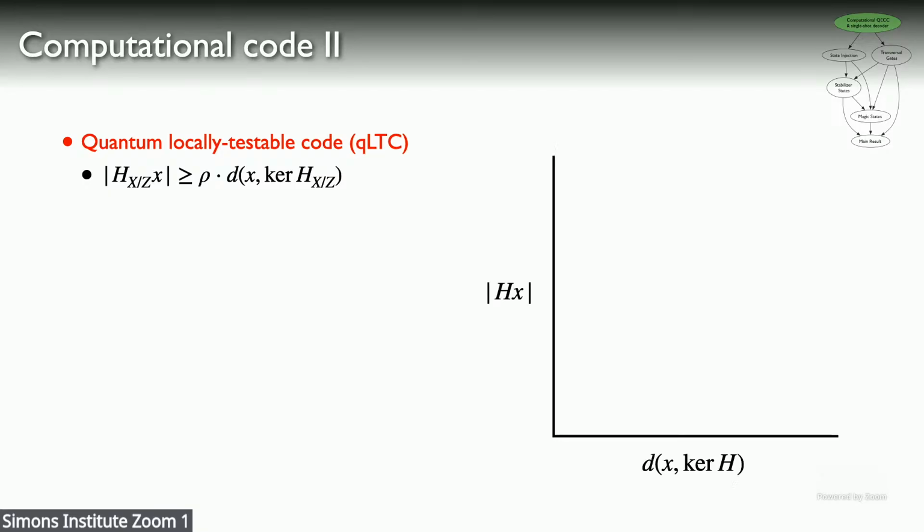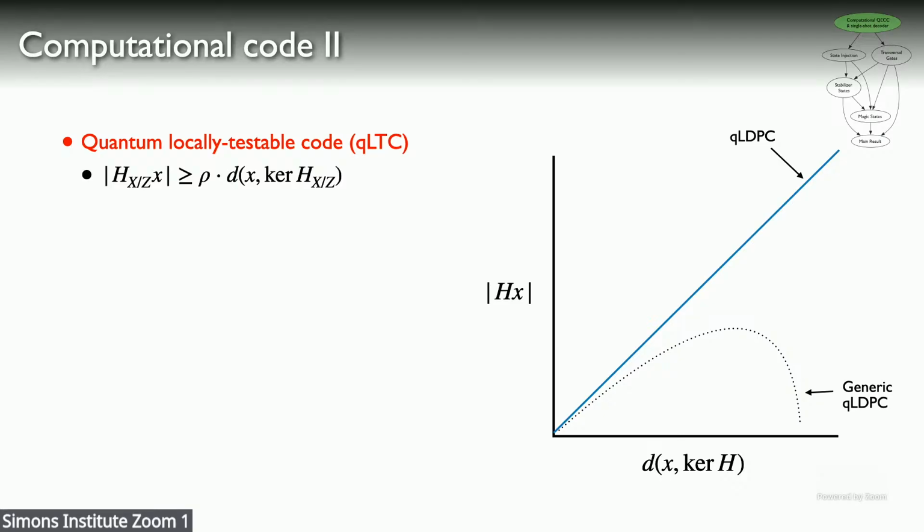And all we're saying is that the further you are from a valid code state, the larger the syndrome weight is. So I've plotted here the syndrome weight and the distance from the code space. And we have this upper bound just from the fact that our check matrices are sparse. So the syndrome weight lives below this line.